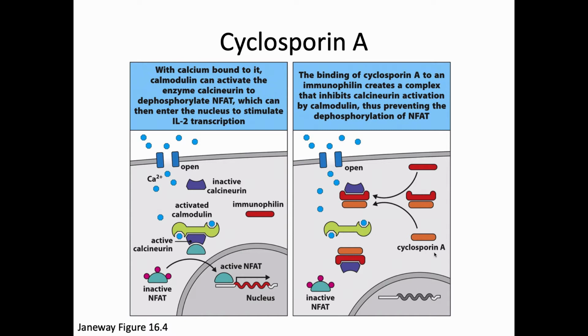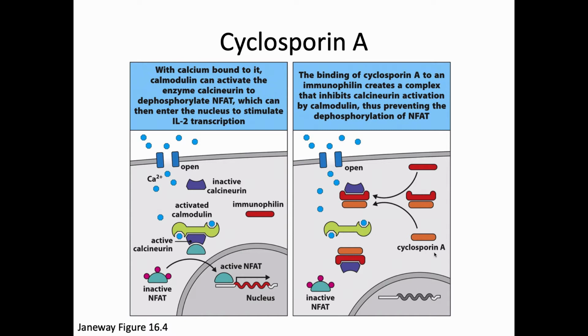Cyclosporin A specifically blocks the Calmodulin-calcineurin interaction, and so we can have calcium signaling, but NFAT can never be activated. NFAT can never go into the nucleus to result in transcription.